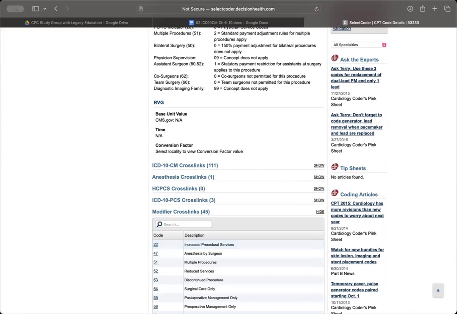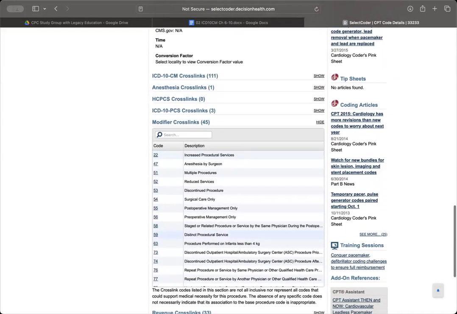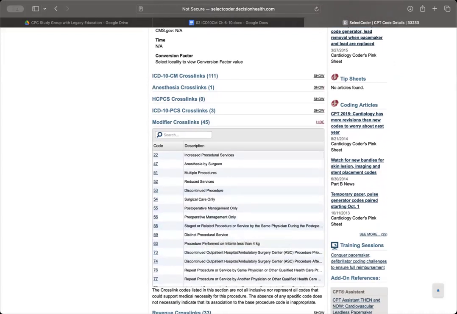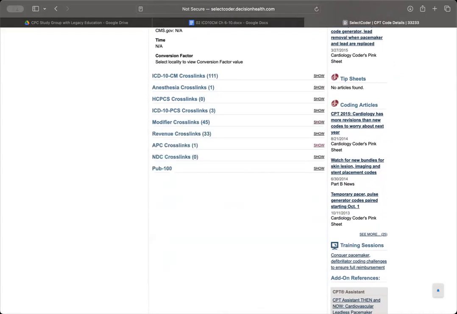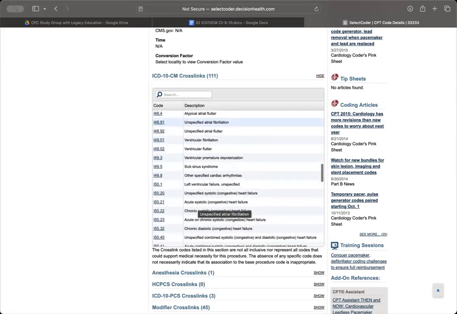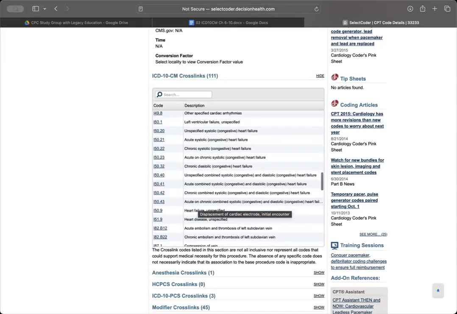Your modifier crosslinks. So if you're trying to decide if modifiers are appropriate, then you can go through there and look. And then, oh, here it is. It's at the top, ICD-10 crosslinks. So these are just your most common ICD-10 codes that can be billed.